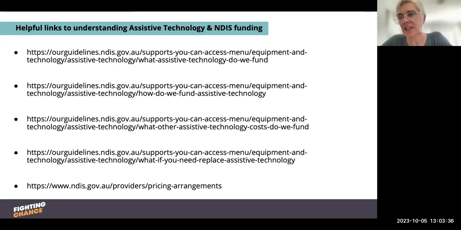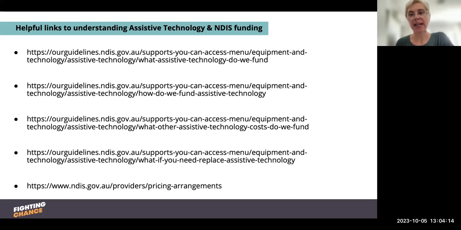They'll just look at the assistive tech part, so it becomes a plan variation, and that can be a pretty quick process. But I would say always, just to make it clear to the NDIA, if you're doing a replacement of a piece of equipment, always fill in the change of situation form that's on the NDIS website. And then just tick the plan variation, and then you can write in the description that you need a like-for-like replacement. Attach that with the quote and submit that through the inquiries email.